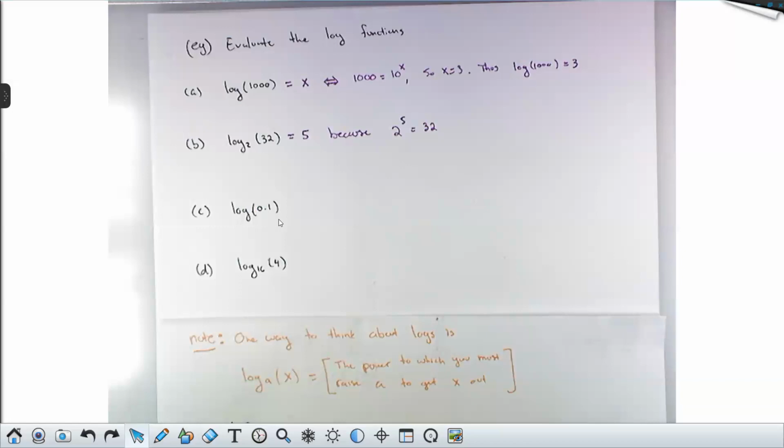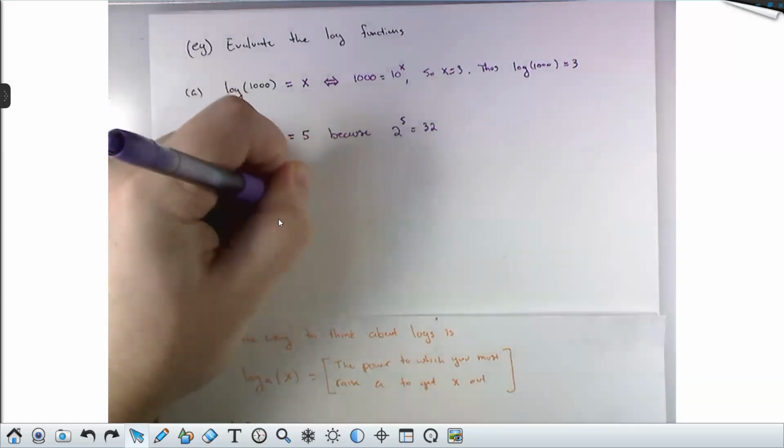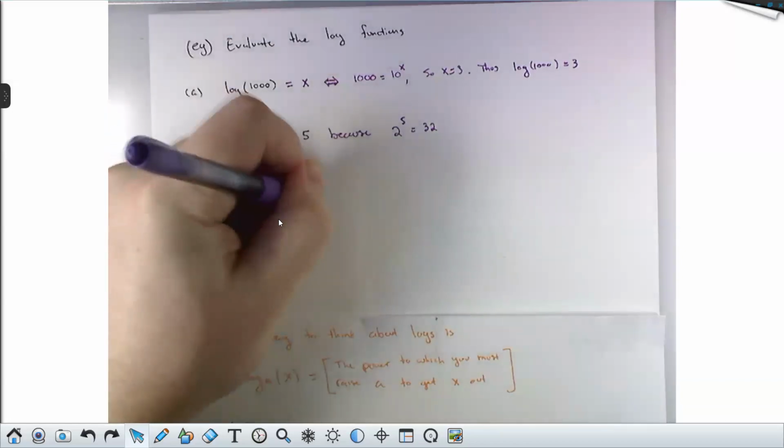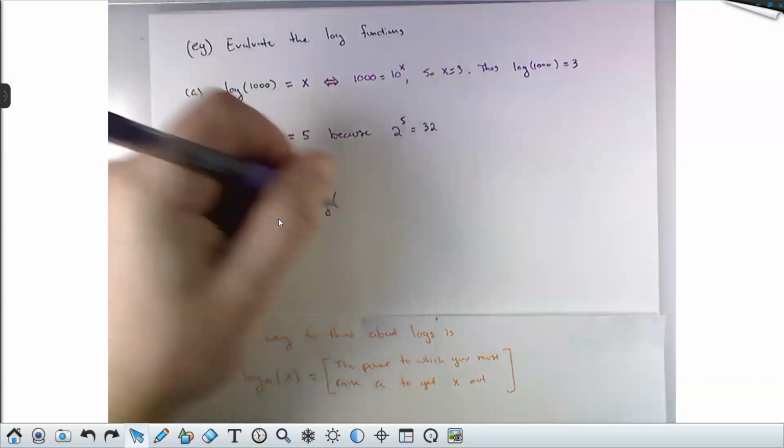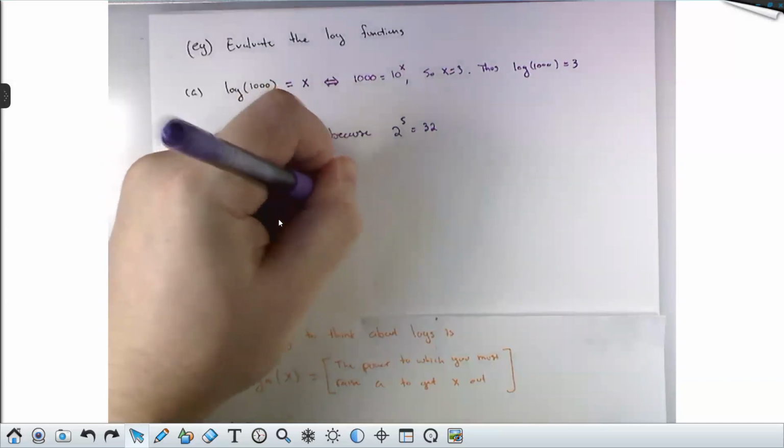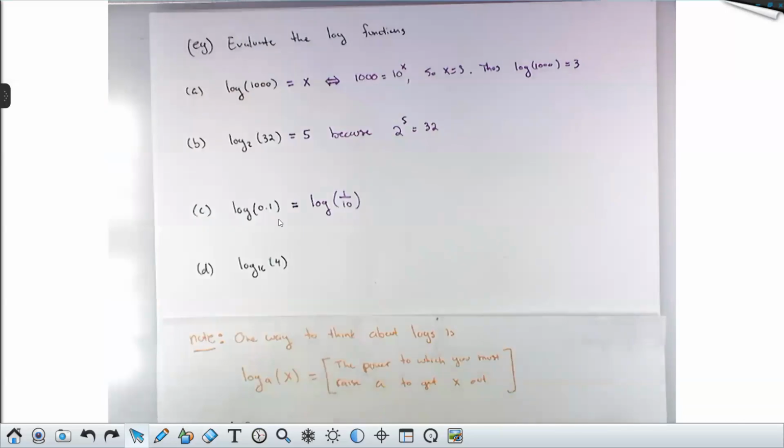It may be helpful to think of 0.1 as a fraction. 0.1, remember, is the same as 1/10. So we're asking what power of the base, which is 10, is equal to 1/10. To what power must I raise 10 to get 1/10 out?